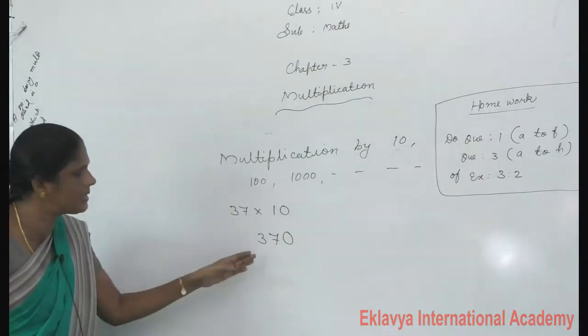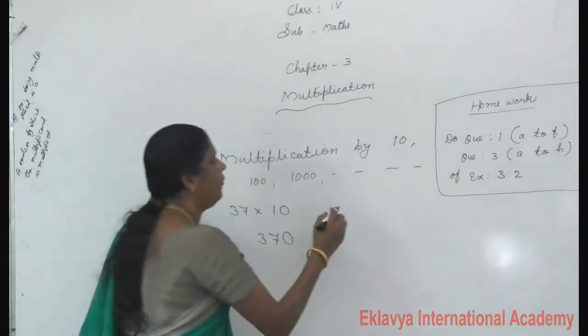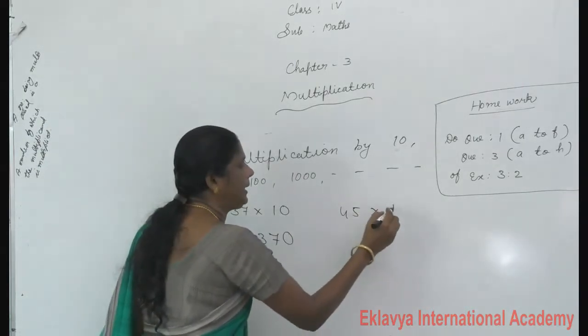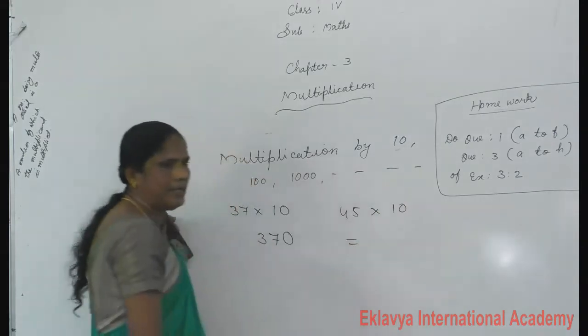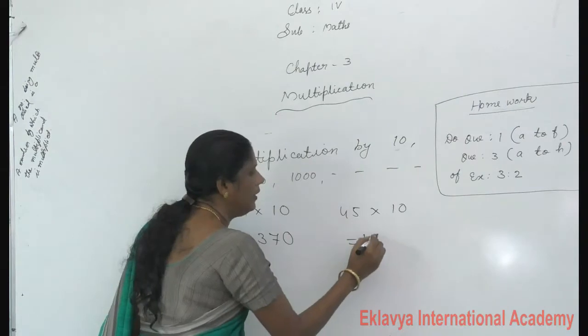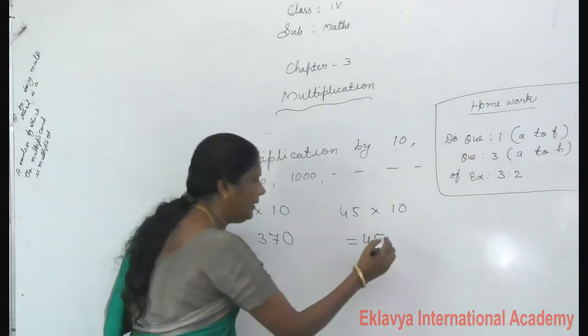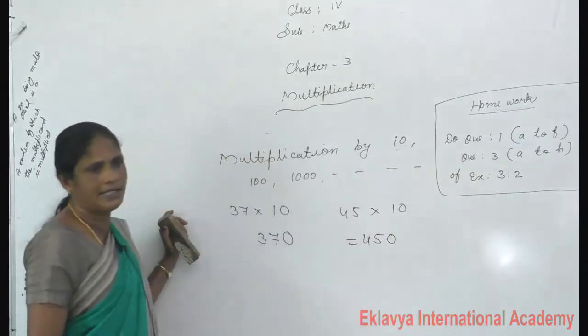What is our answer? 370. Again, 45 multiply 10. First you write 45, right? Then how many zeros to put? 1. Understand?